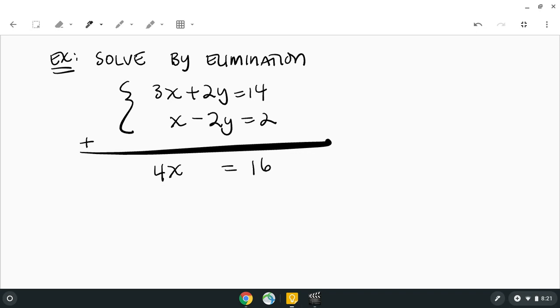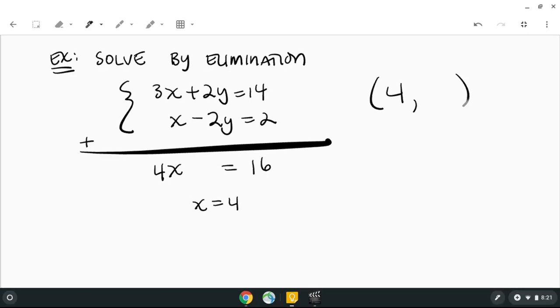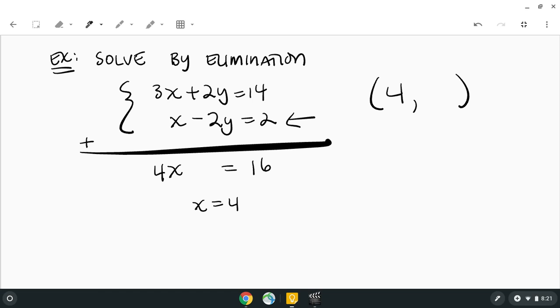And then here, I solve this equation. Divide both sides by 4, and I get x equals 4. I still have to find the y value. So far we know this much. I think I like this bottom one a little bit more than that top one. Smaller numbers, right? All right, so 4 minus 2y equals 2.